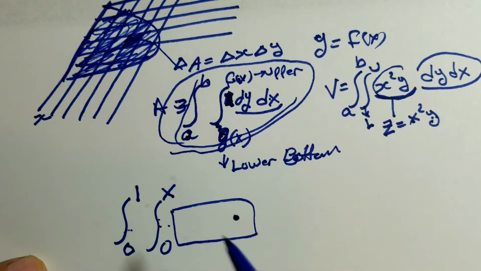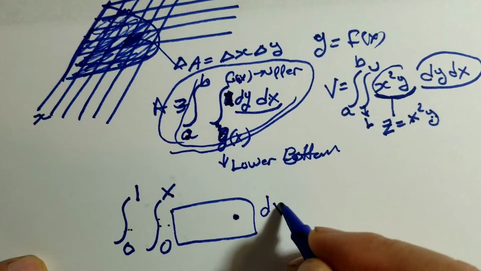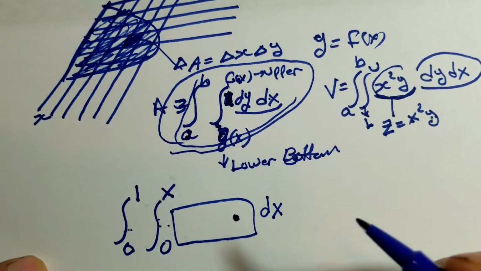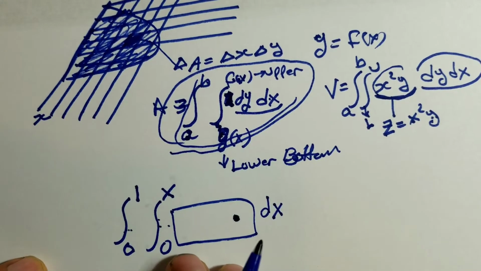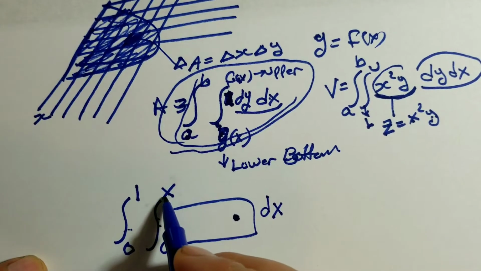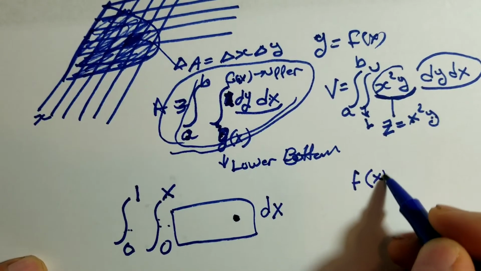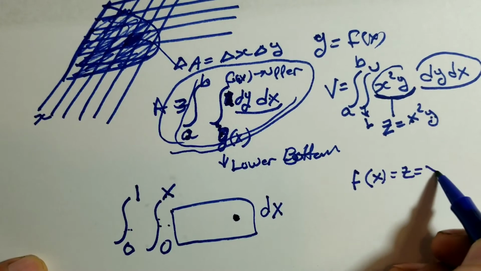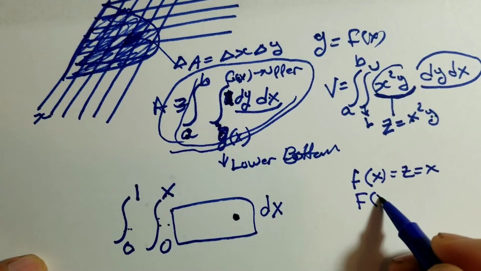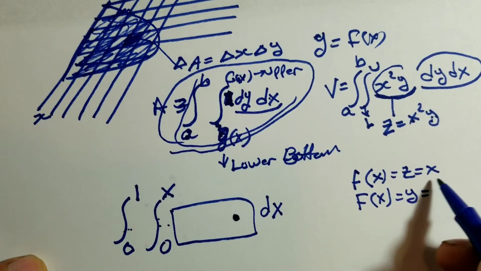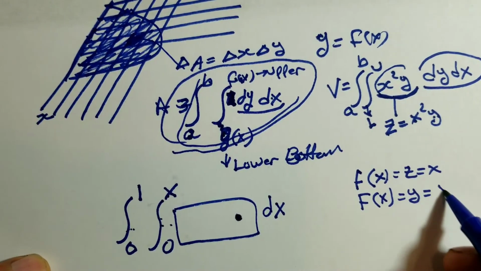Because the inside is a function of x, the outside has to be dx. The inside, you could call it a dy. You can call it a dz. It depends how you represent the function. You can say f of x equal to z, or most of the time we use y as a function of x.